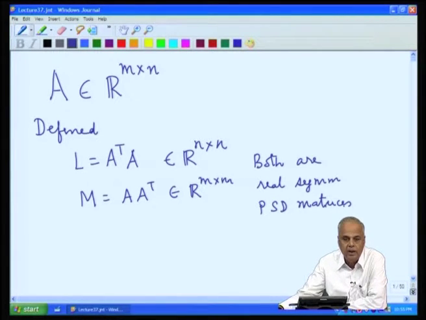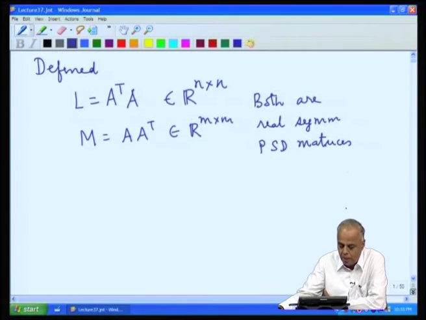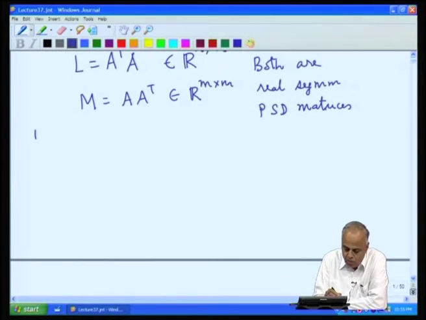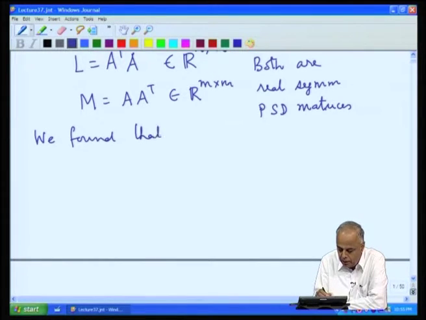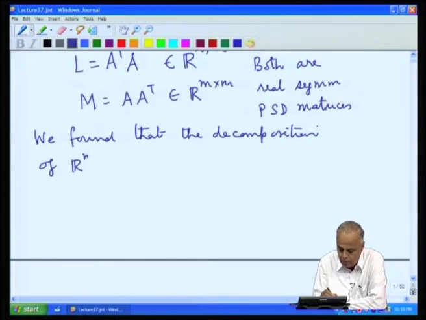So, we define, associated with a given m by n real matrix, 2 positive semi definite real matrices. One was n by n, the other one was m by m, and we found that when we look at the decomposition of R n and R m, they are as follows.